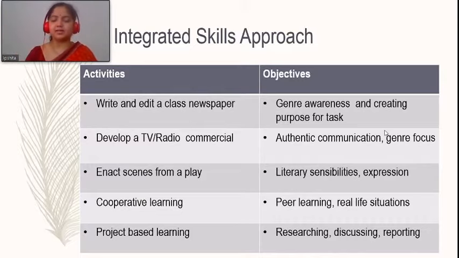So you divide the class into different teams and ask them to work towards a class newspaper. This is again an integrated approach because they can write about anything. They can write about environmental issue, they can write about social issue. So different things in the curriculum come together, and it's collaborative learning also. They're also listening, speaking, reading, writing, everything together.